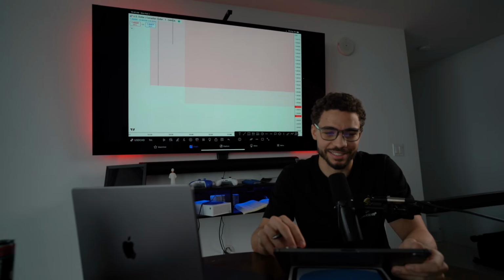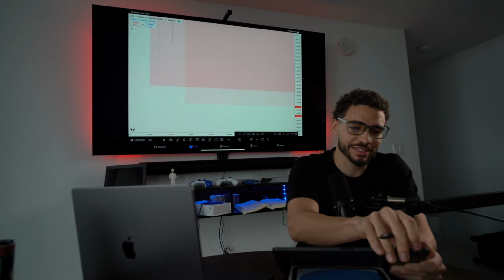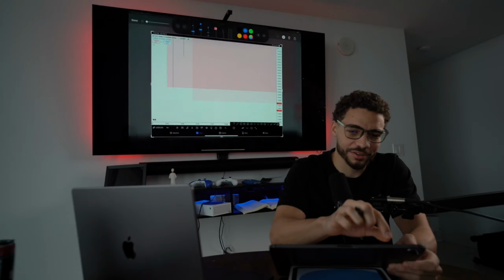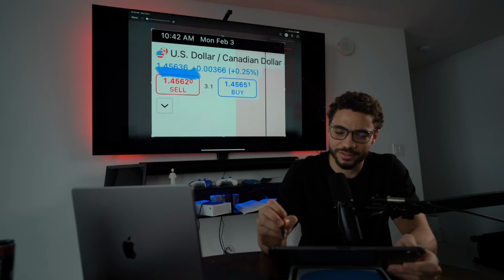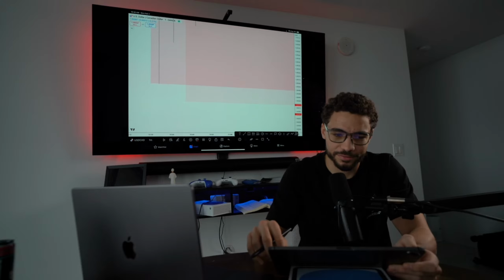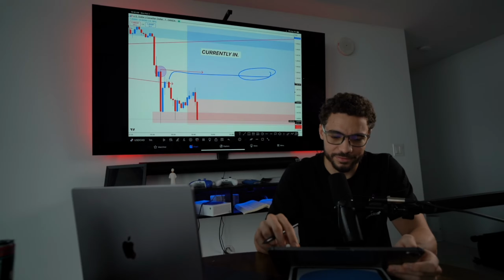I always do this. I hate seeing the candles. I'll start to look at the price feed over here instead. Damn.